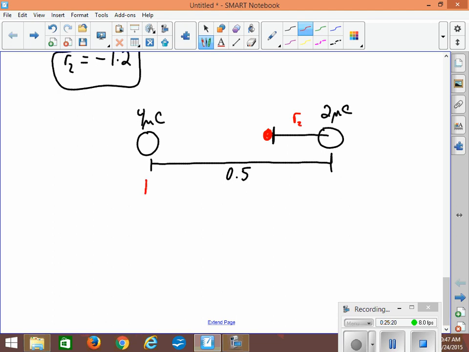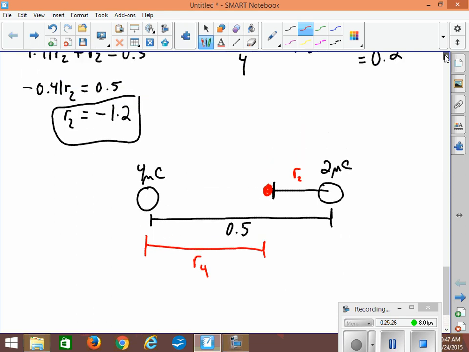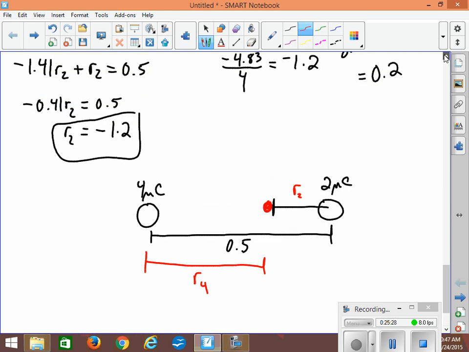And we also called this distance over here R4. We solved this and we got a value for R2. So let's look at this right here. The two values we got for this answer are negative 1.2 and 0.2, right? So which of them makes sense?